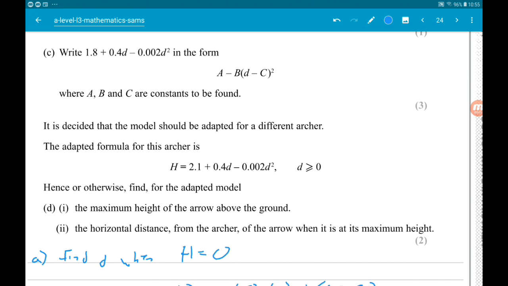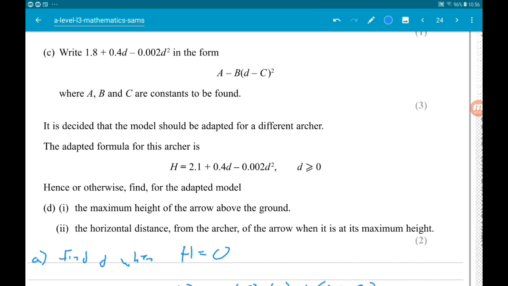Okay, then part C asks to write 1.8 add 0.4d minus 0.002d squared in the form a minus b lots of d minus c all squared, where a, b and c are constants to be found.